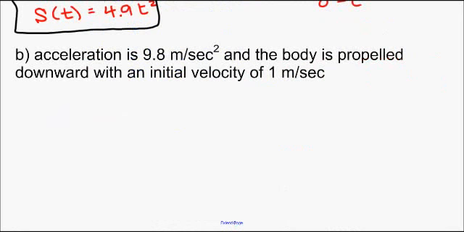Let's look at a different scenario. Again, the acceleration is 9.8 meters per second squared. The body is propelled downward, this time with an initial velocity of 1 meter per second. So let's see what's changed here. At time equals 0, our velocity is 1 meter per second.